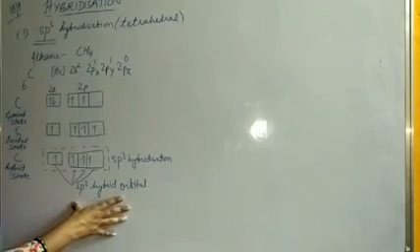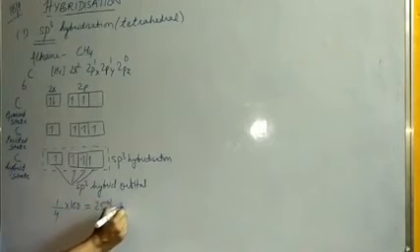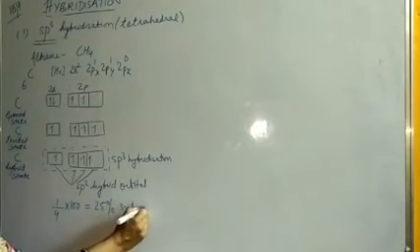This is sp3 hybridization. Now what is the percentage of s character here? The total number of orbitals involved is 4, and out of it only one is an s orbital. So you can easily calculate that sp3 hybridization has 25% s character.